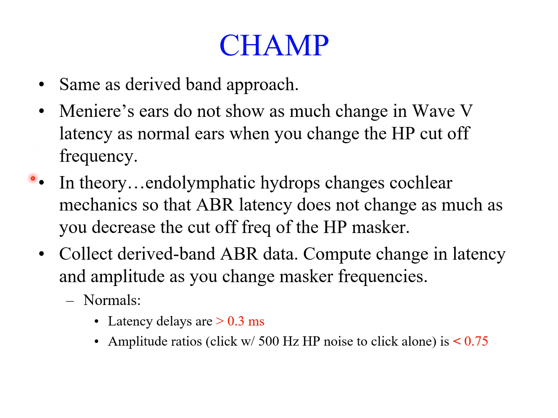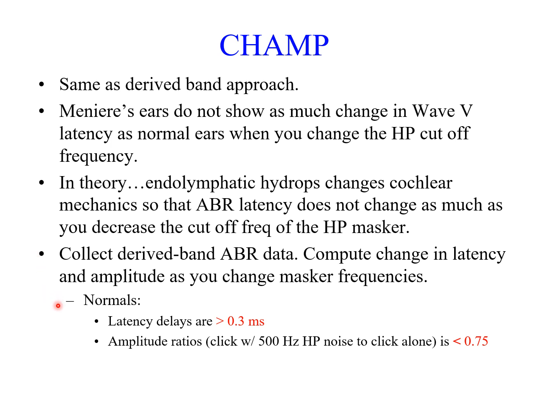In theory, endolymphatic hydrops change cochlear mechanics so that the ABR latency does not change as much as you decrease the cutoff frequency of the high-pass masking noise. So it's the same as when you collect the derived band ABR recordings, but this time you compute change in latency and amplitude as you change the cutoff frequency for the masking noise.